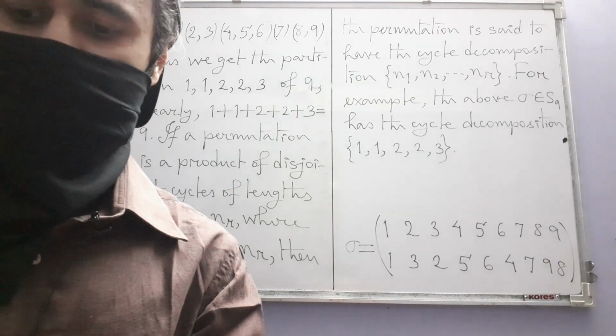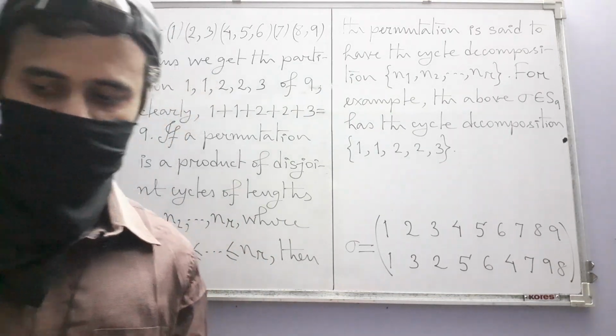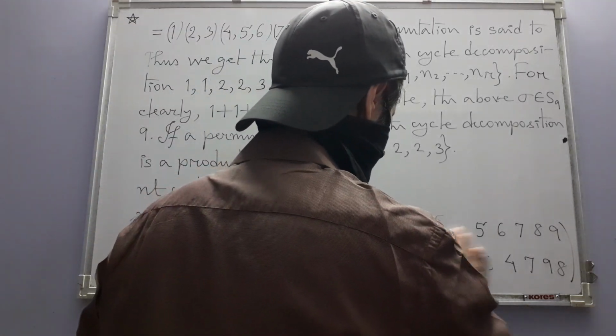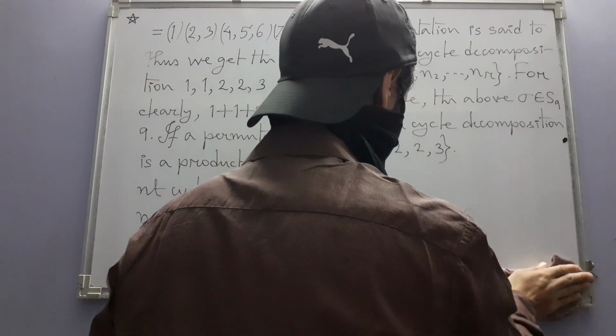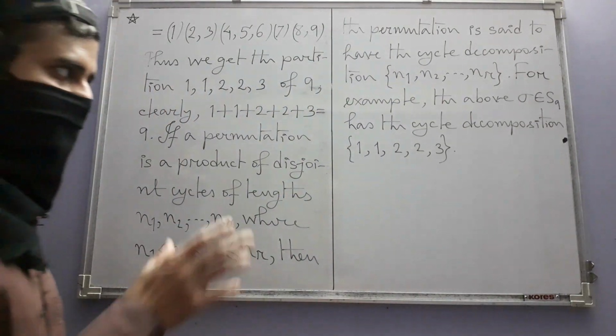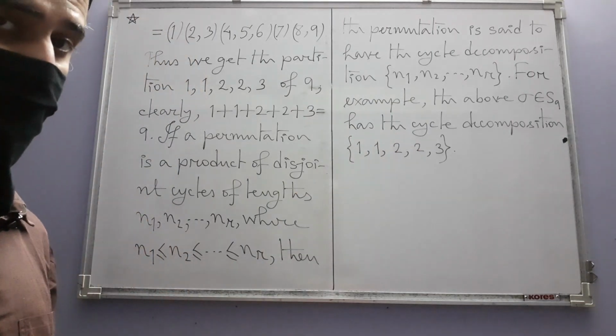It's not anything very difficult. Once we see why that is true, it will be almost obvious. It is to state this fact that we need this notion of cycle decomposition.